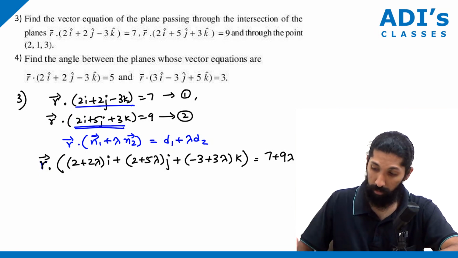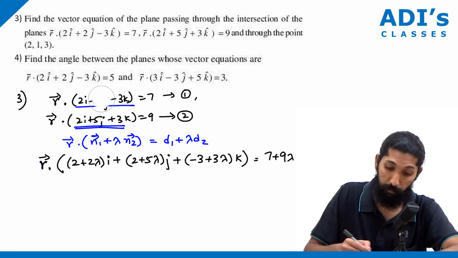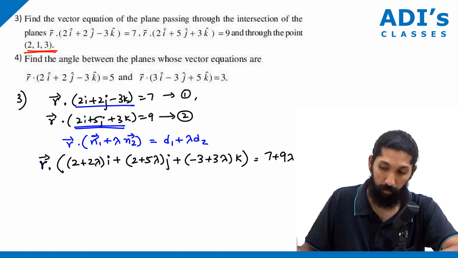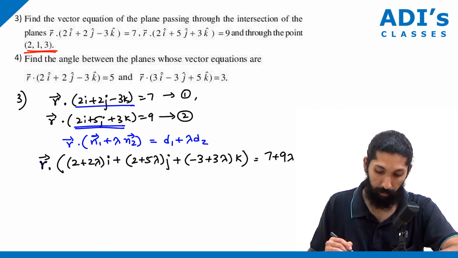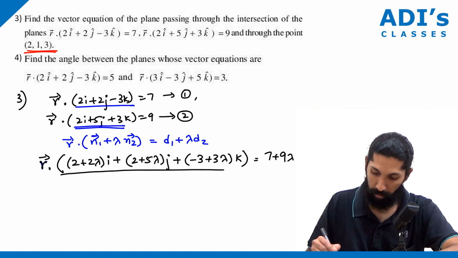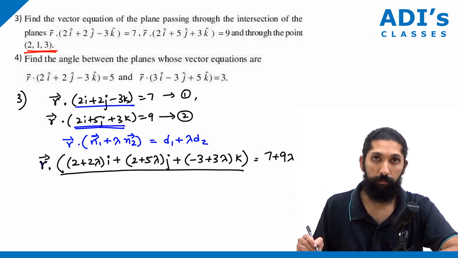Now, this is passing through the point. Which point? It's passing through 2 comma 1 comma 3, isn't it? Since it's passing through this particular point, the dot product of this and the point should give you 0, correct?